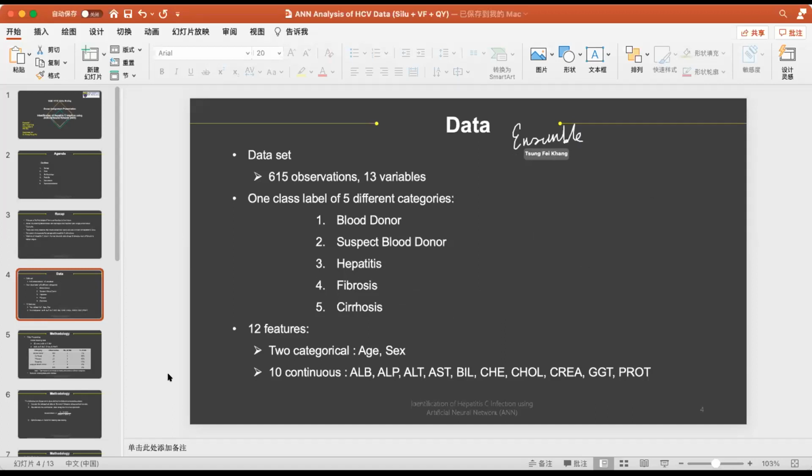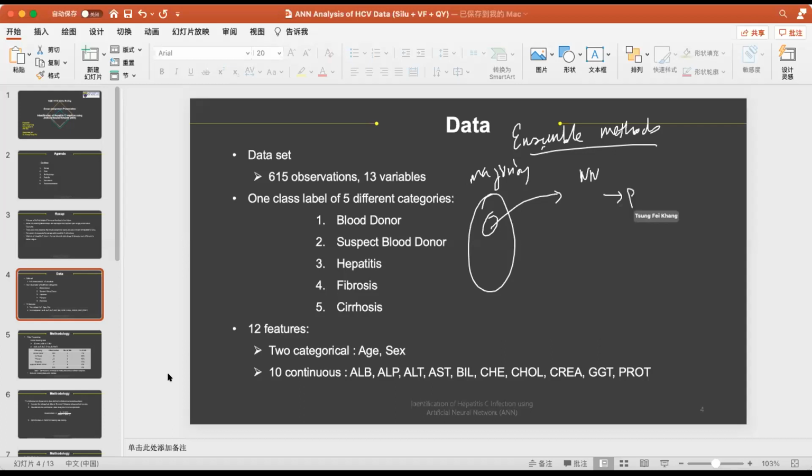Ensemble methods usually involve weak learners, and we build a stronger learner by combining them. A related idea here is undersampling: you have your majority class, and every time you undersample, you have your neural network model, which can make a prediction.